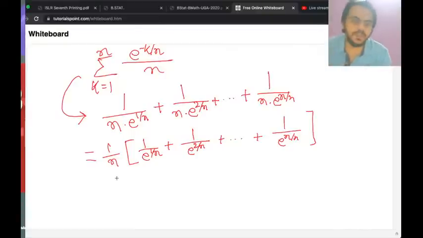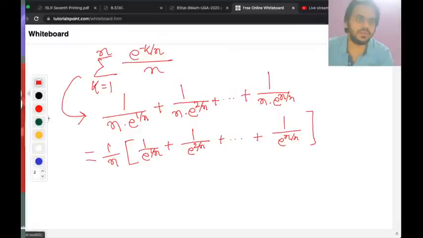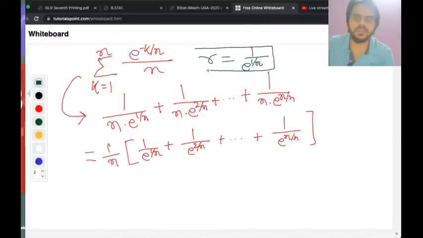Okay, so we can directly sum it, because this is kind of a GP with a common ratio of 1 by e to the power 1 by n, and the first term is the same guy.